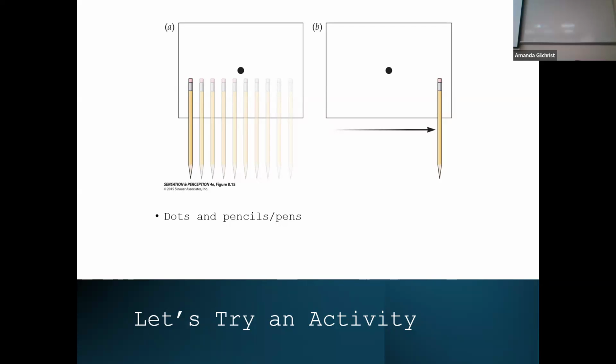Okay. All right. I promise this has a point. So we're gonna do two different things here. The first thing that I want you to do, does everybody have their circles and pencils ready?